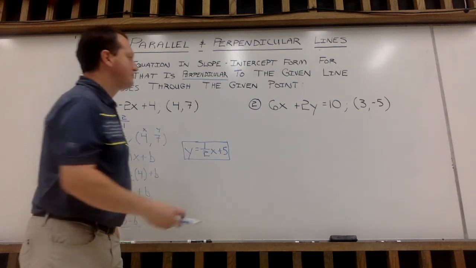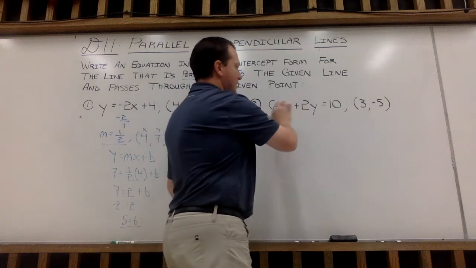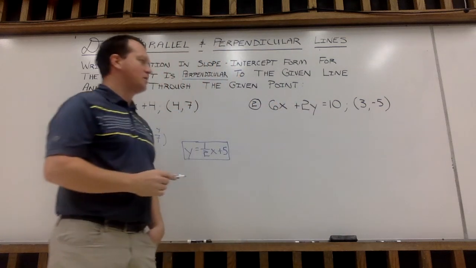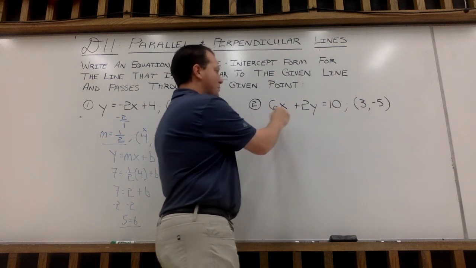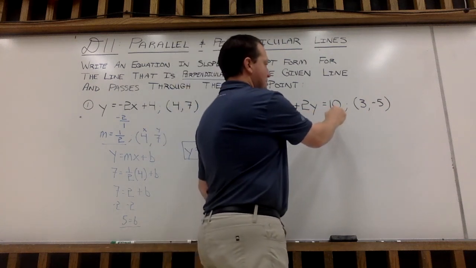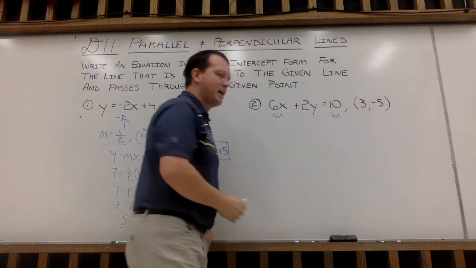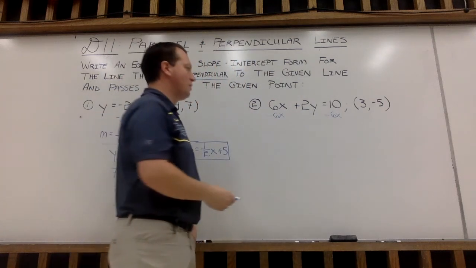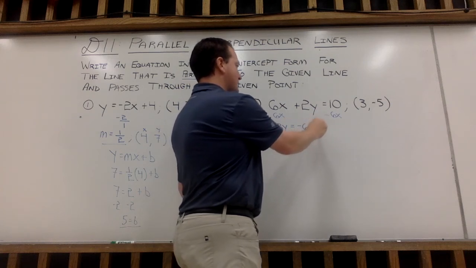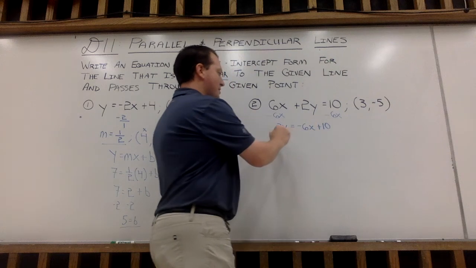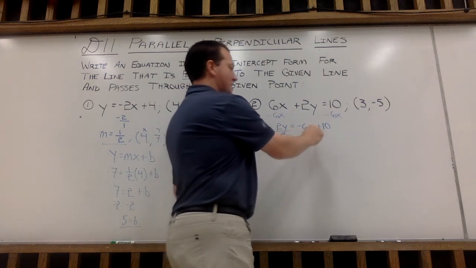All right, last one. We need to get the given equation 6x plus 2y equals 10 into y equals mx plus b form, slope-intercept form, so I can easily identify what m, the slope, is of this line. So I'll subtract 6x, have 2y equals negative 6x plus 10. Divide all terms, both sides, by 2.